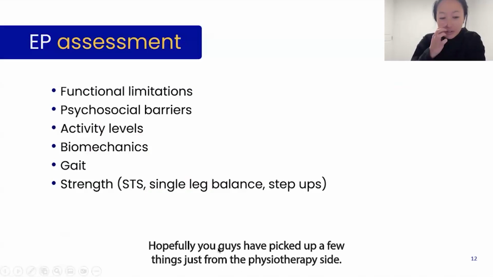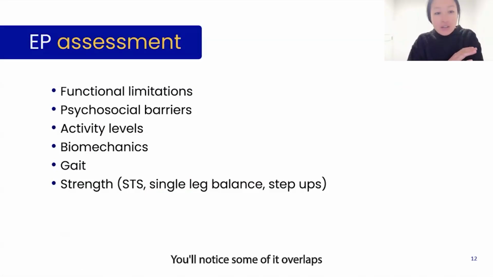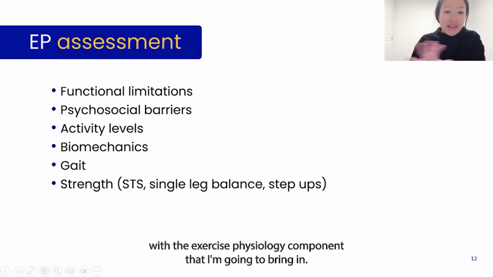Cool. Thank you, Belinda. Hopefully you guys have picked up a few things just from the physiotherapy side. You'll notice some of it overlaps with the exercise physiology component that I'm going to bring in.